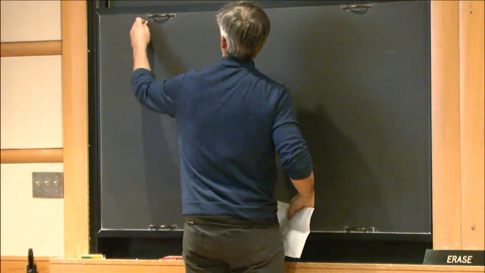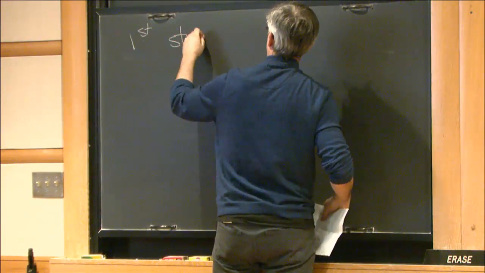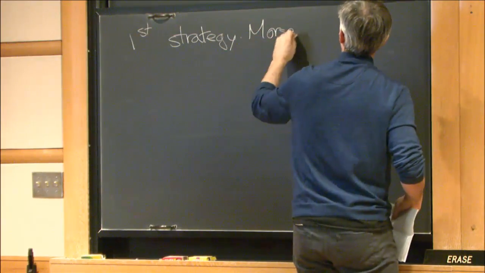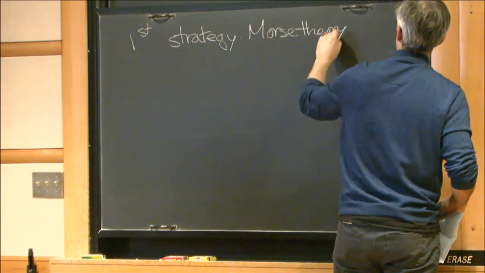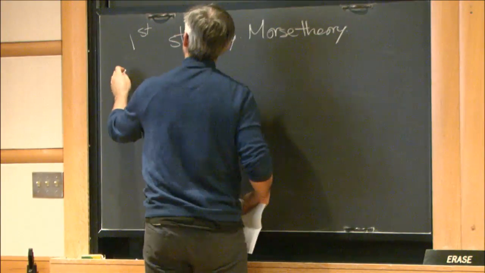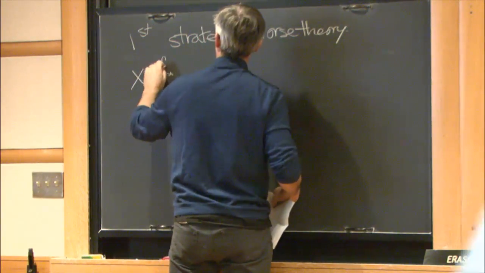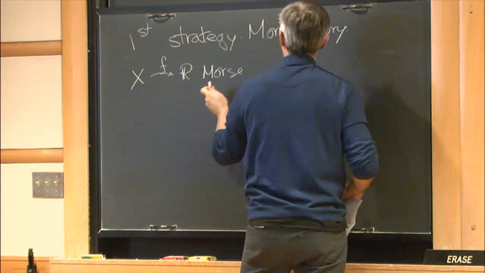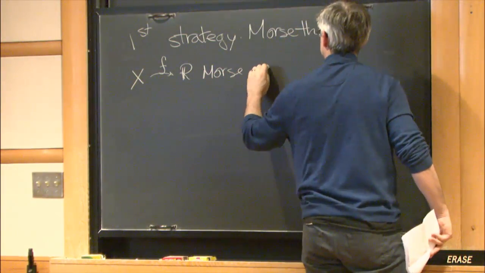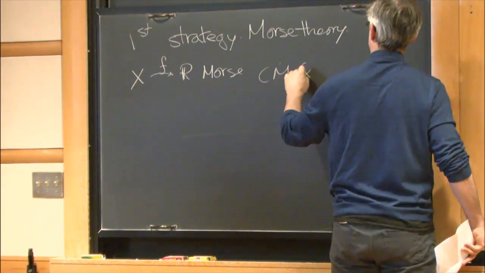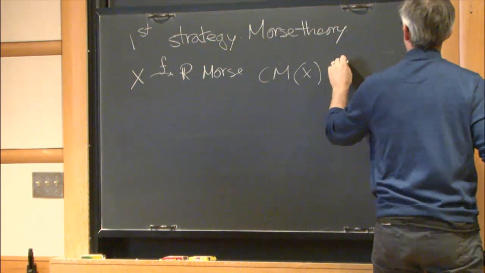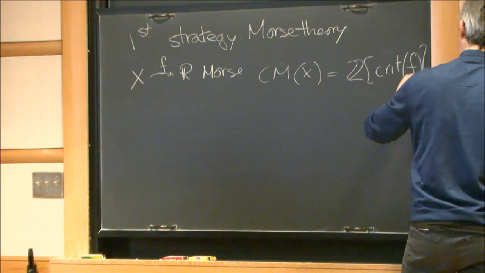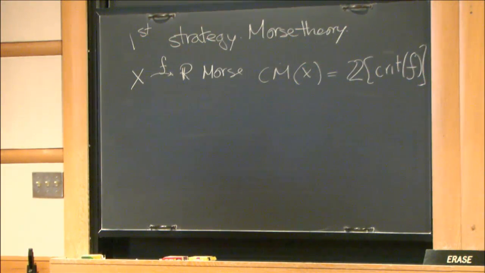So one standard way is to try Morse theory. So if I choose a Morse function f, then there's a Morse complex generated by the critical points of f.